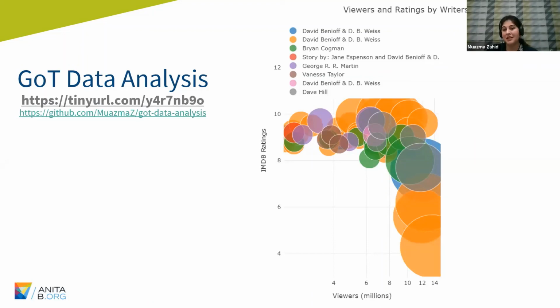As you can see, the last season was pretty bad compared to the rest of the seasons, and that was the lowest rating they ever got with that set of writers, but consistently it was good enough. There is a link over there, and I have a GitHub with the code that created this visualization. You can take any data set, and this is an open source data set that I got from IMDb and a bunch of other sources, and I did this analysis just for fun.